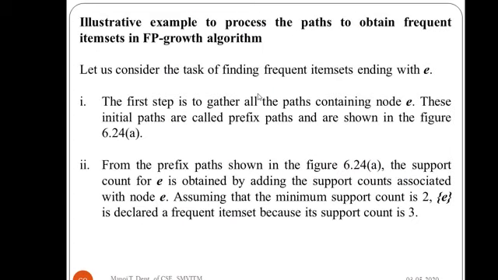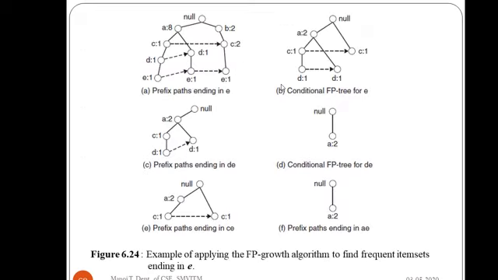Now we will see a specific example of how to do this. Let us consider the task of finding frequent item sets ending with E. Actually the process is being depicted over here. We will go one by one so that we can understand it very neatly.